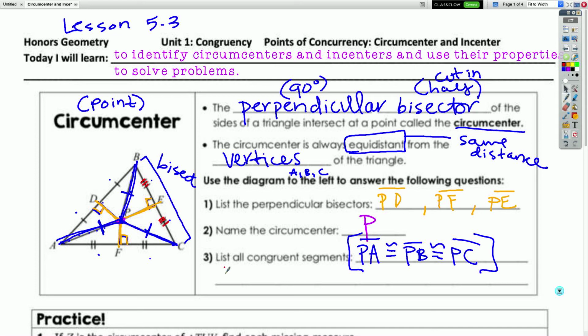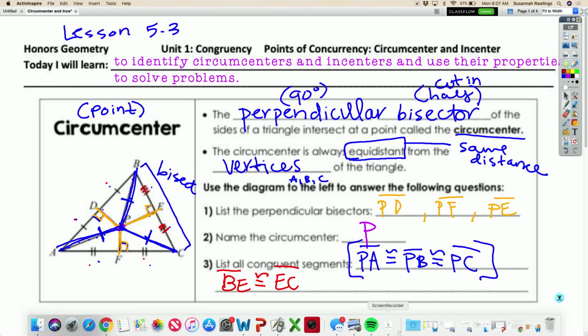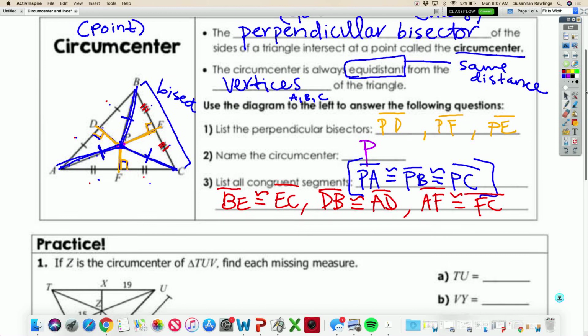B to E, or segment BE, would be congruent to segment EC. Go ahead and pause the video and see if you can name the rest of these. Okay, so go ahead and double check with my answers, and then we're going to move down to an example.